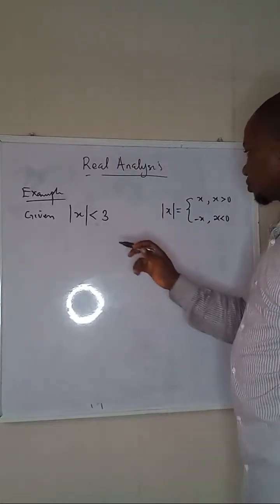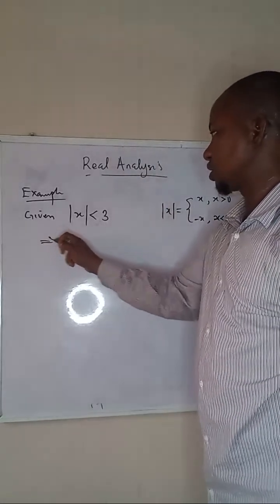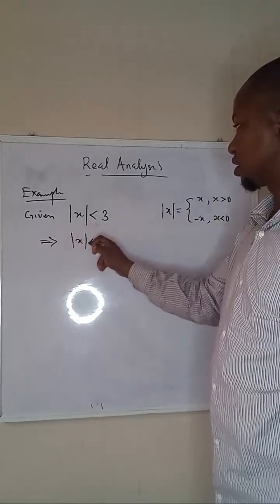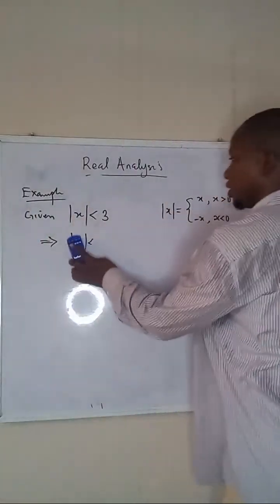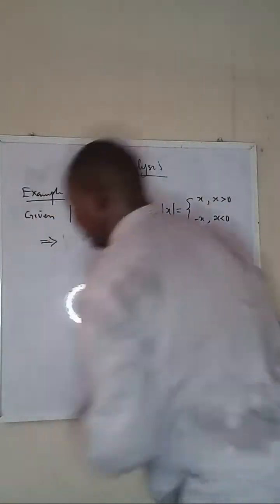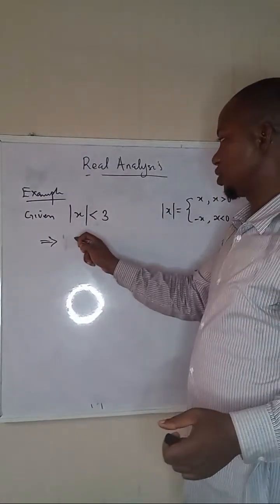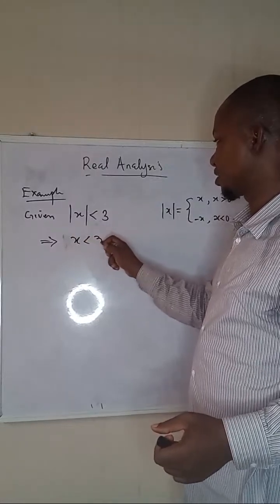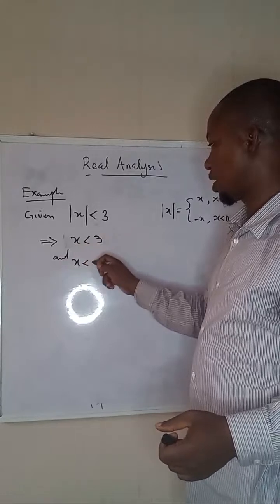So if we remove this absolute value, it means we can have this, and we can also have this.